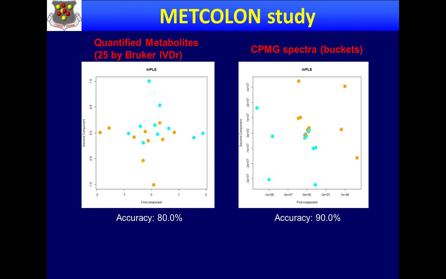So not considering all the extra information that we get from profiling, we have an accuracy, by the 25 metabolites quantified by Bruker IVDR, of 80%, which is very significant. Of course, we have a higher accuracy in the fingerprinting, but this is obvious because you have more information here, but we are getting close.